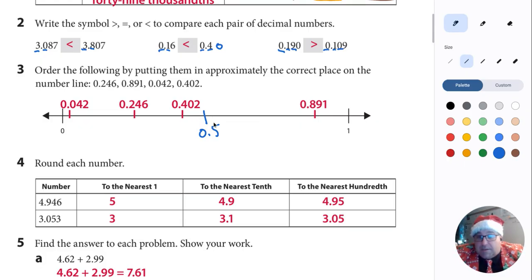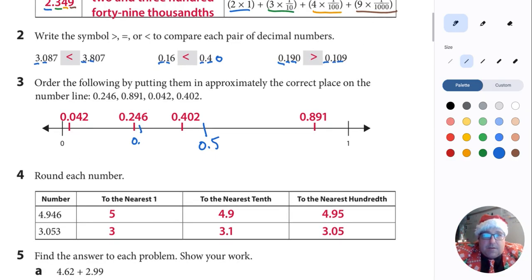If you want to take it one step farther, you could cut the half in half. So right around here would be about 0.25, and then right around here would be 0.75. Those are kind of extra. If you want to think about those, you can, but definitely start with the half mark.